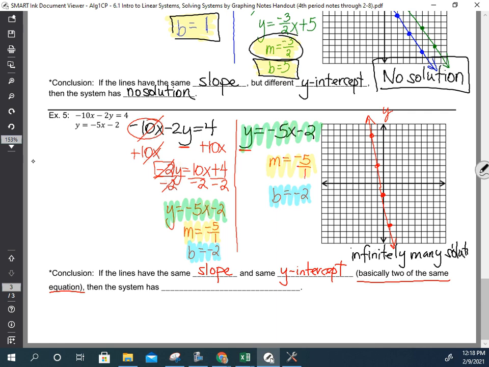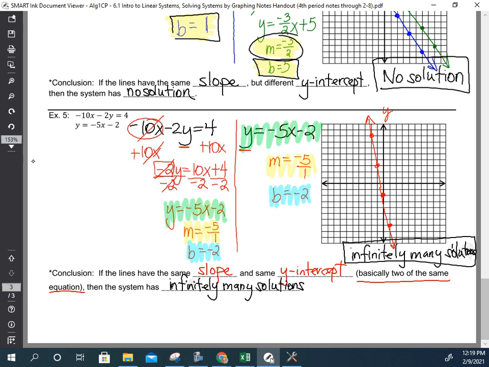That means as long as it's on the line, it's an answer. That's infinitely many solutions.